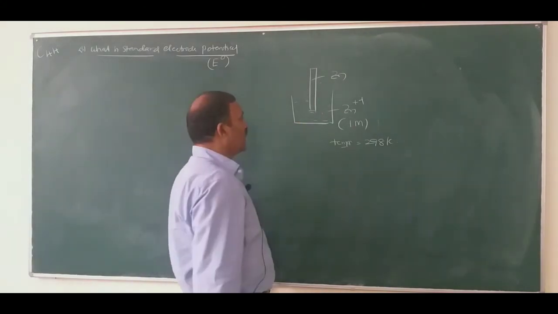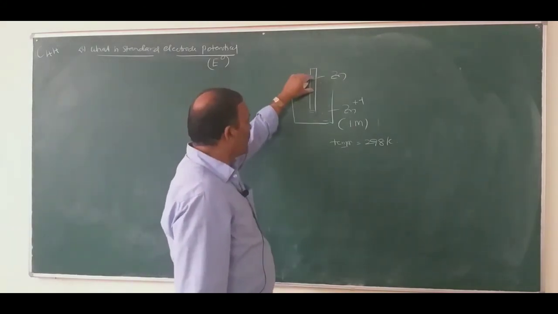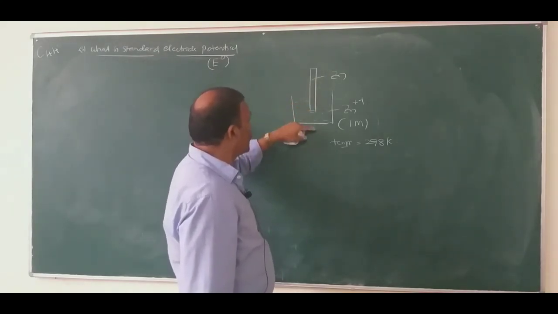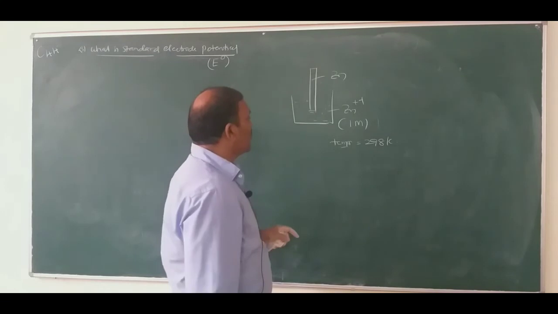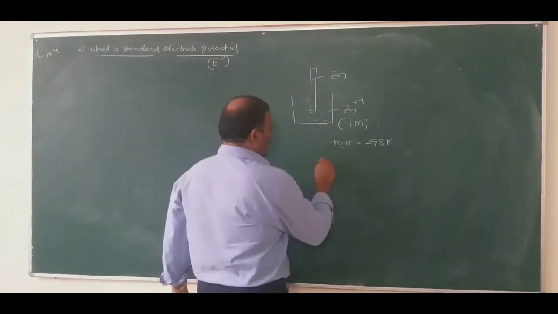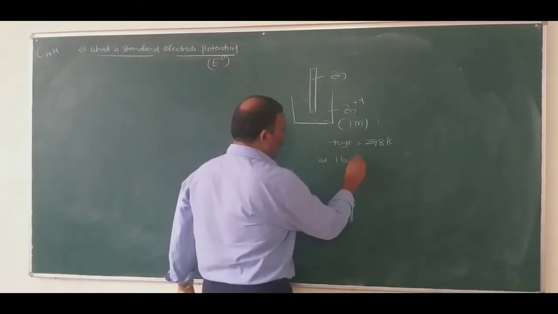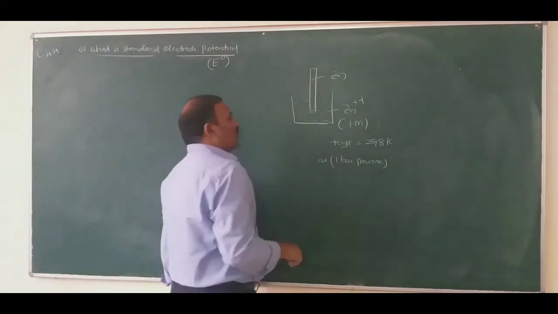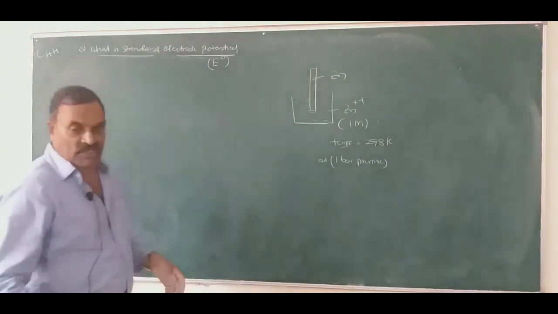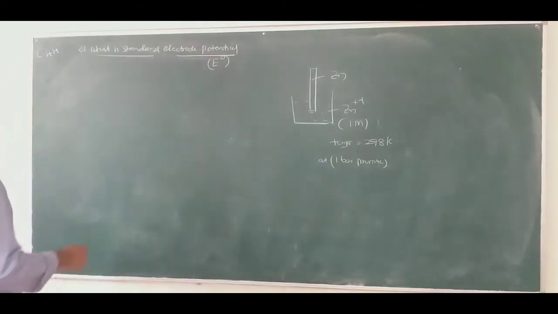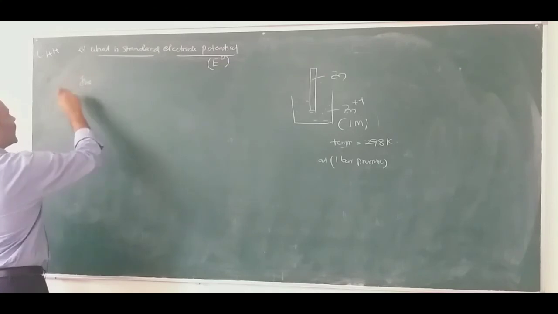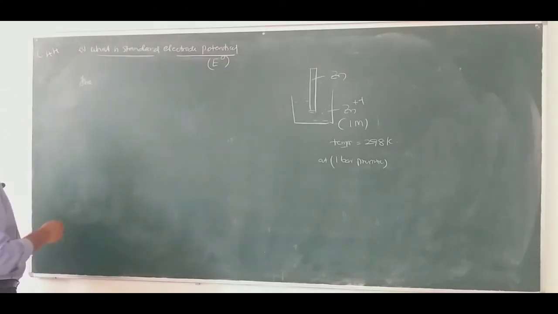On the other hand, instead of a metal, if you use a gas, a non-metal, then you have to mention the pressure, 1 bar pressure. So this is the difference between electrode potential and standard electrode potential. Write down the definition of standard electrode potential.